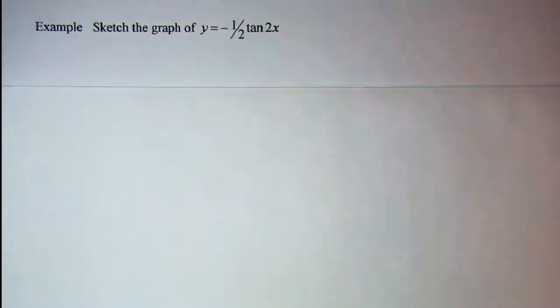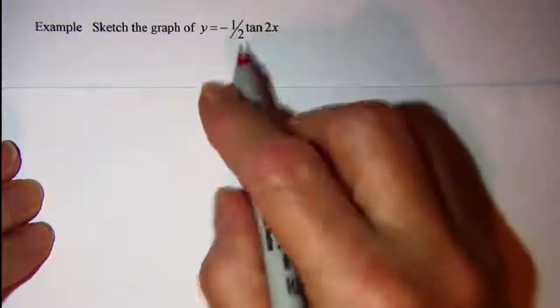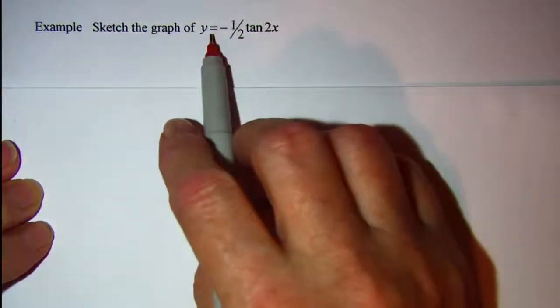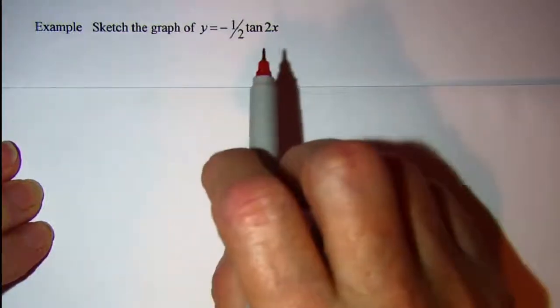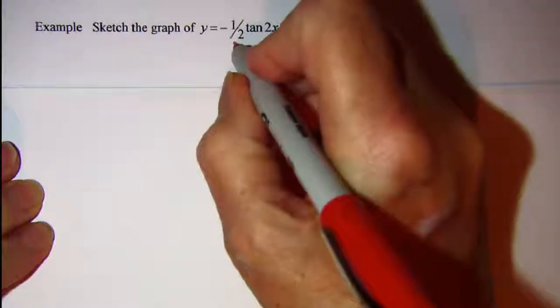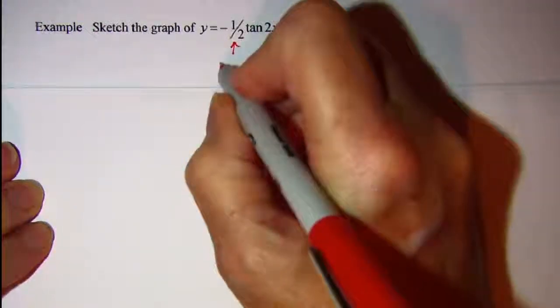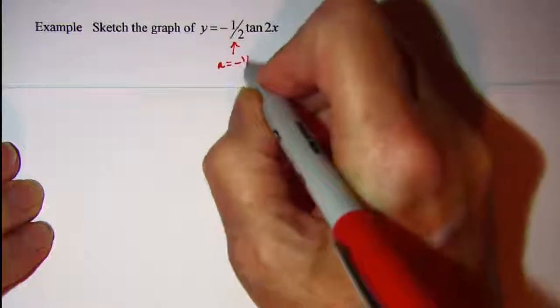Our first example is to sketch the graph of y equals -1/2 times the tangent of 2x. Now when we compare this to the general equation of the tangent function, we see that c is equal to 0. There's no number added on to the front or the back. A is -1/2.